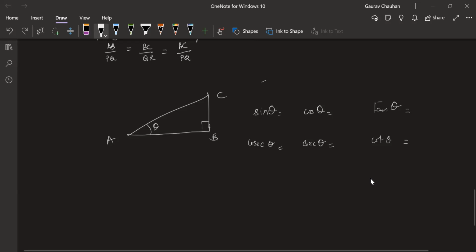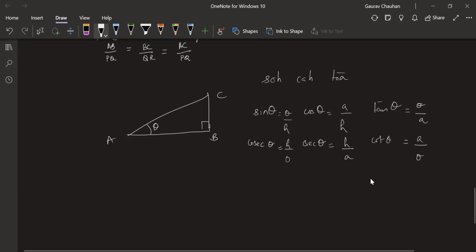We saw the acronym SOHCAHTOA. So sine theta is equal to opposite by hypotenuse, cos theta is equal to adjacent by hypotenuse, tan theta is equal to opposite by adjacent, and so on. In the same way, we take the inverses: hypotenuse by opposite, hypotenuse by adjacent, and adjacent by opposite.